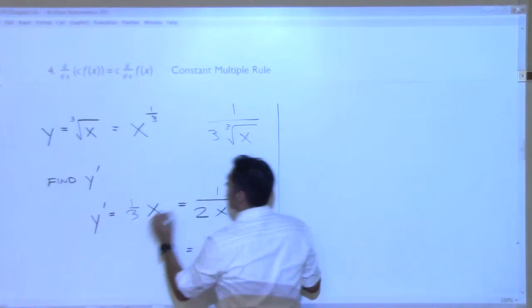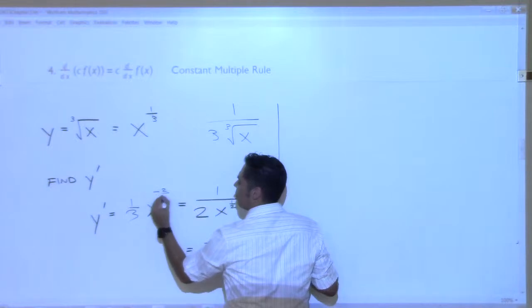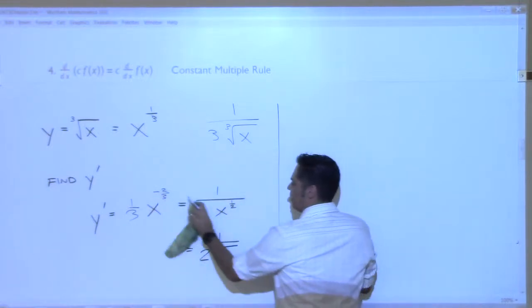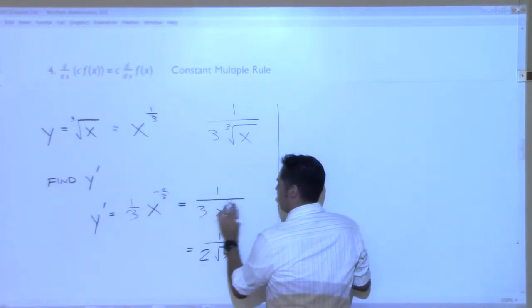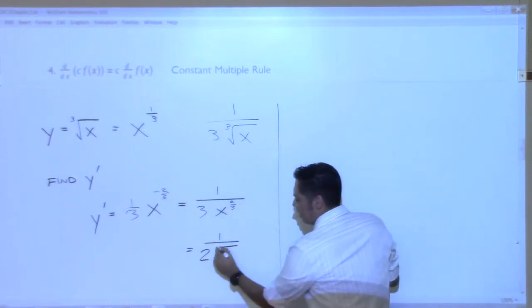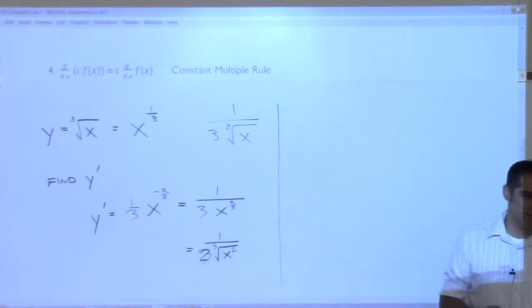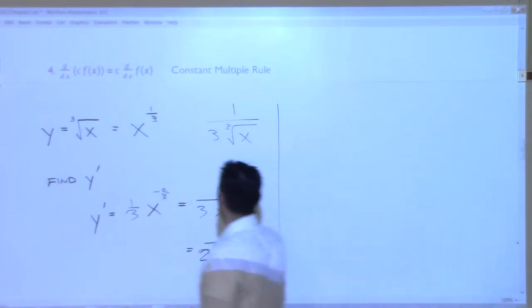That part's good. That would give you the 1/3. But when you subtract 1 from that, you get negative 2/3. So this would not be 1/3, it would be 2/3. And so you would get the cube root of x squared, and that would be a 3. So it doesn't follow that. It only works that way for the square root.